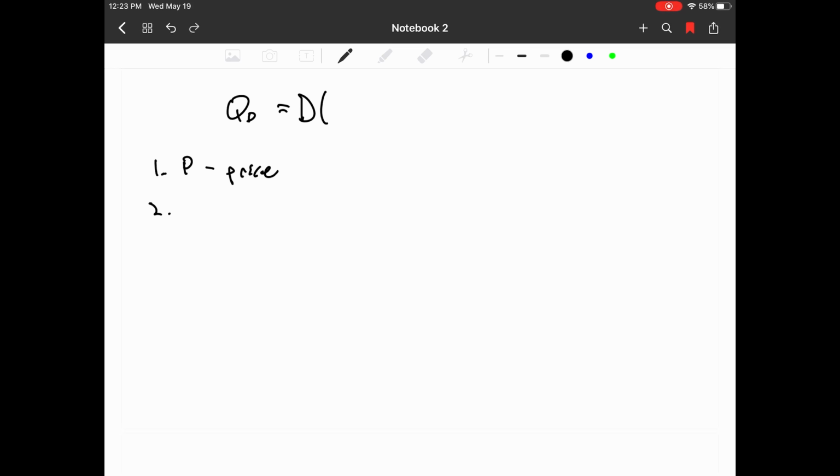And there was a great question in class yesterday about the sign, how we think about complements and substitutes when we're talking about the parameters. We'll walk through these signs on the parameters in just a second. So this is the price of other goods.